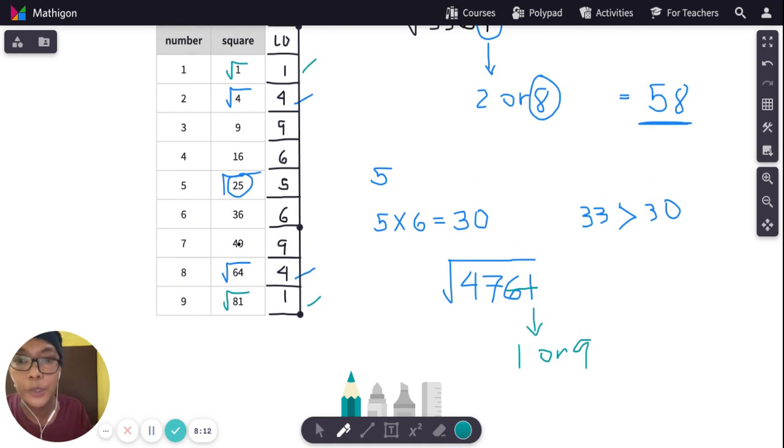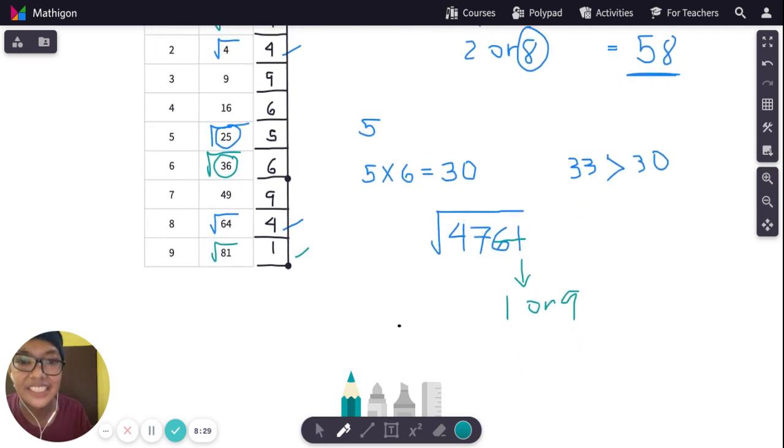So, andito siya, 49 and 36. You cannot use 49 because 49 is greater than 47. So, what you will be using is 36. Then, you get the square root of that, right? Your first digit is 6. So, pwede na nating isulat yan dito. My first digit is 6.